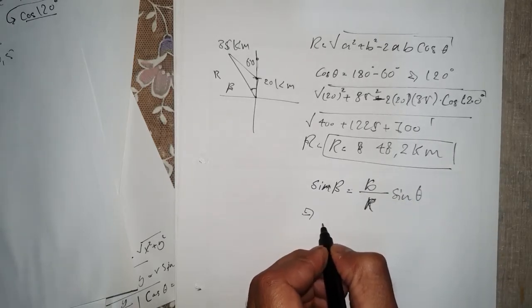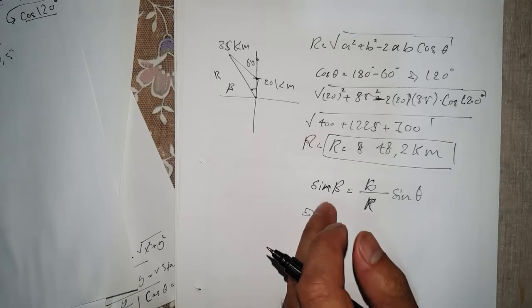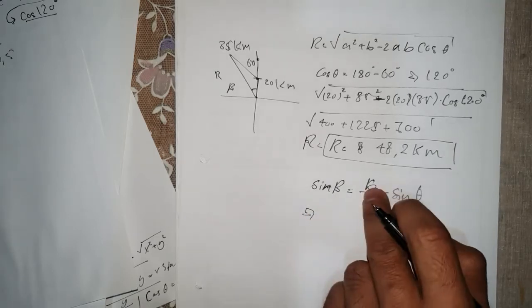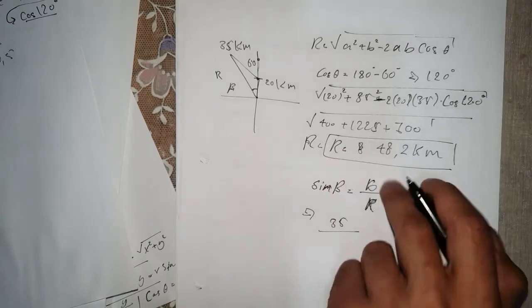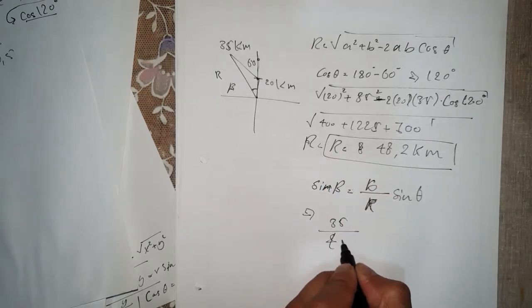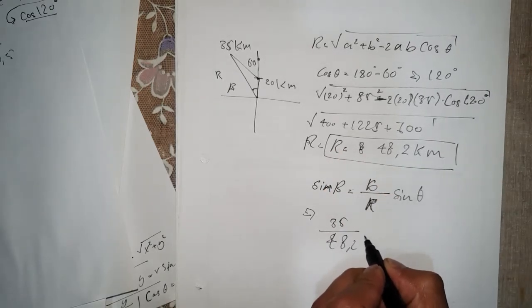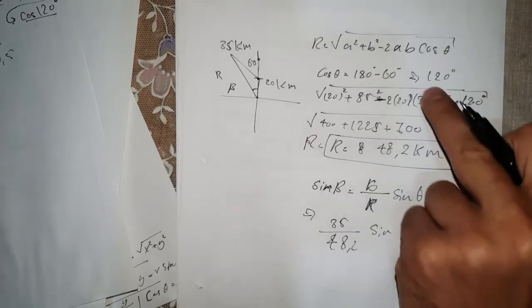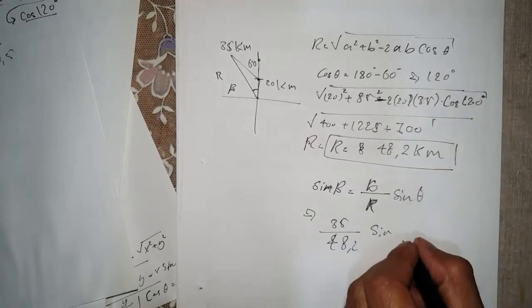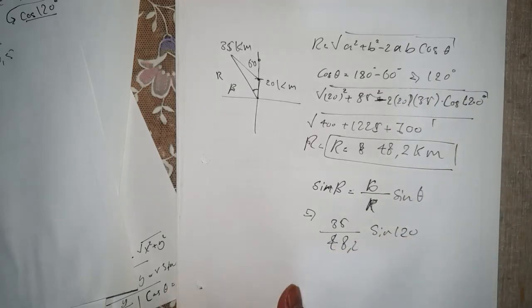We put b, which is 35, divided by 48.2 kilometers times sine of 120.